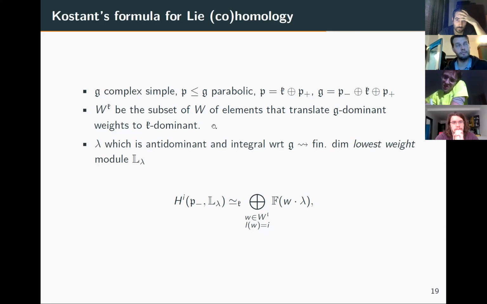One will be the representative of the coset, and the other one will be in the subgroup. Anyway, what this is saying is that these homologies or cohomologies are just calculated abstractly using highest weight theory, for identifying irreducible representations like this. So there is some combinatorics, some formula that gives you the homology bundles that will appear.